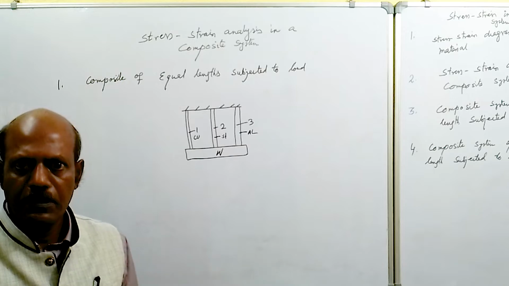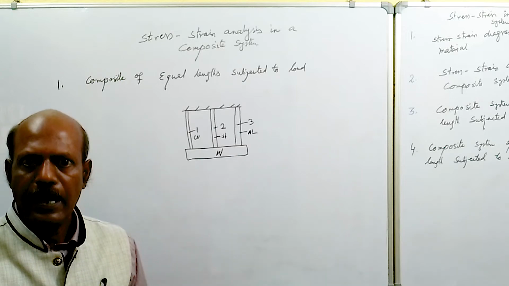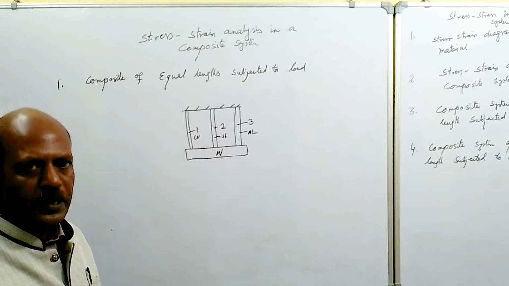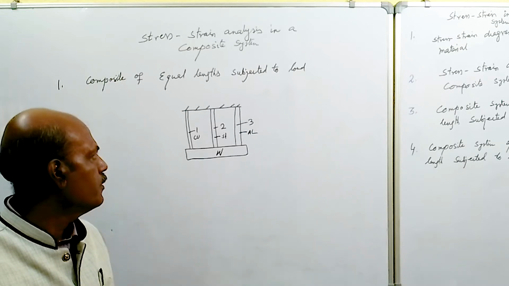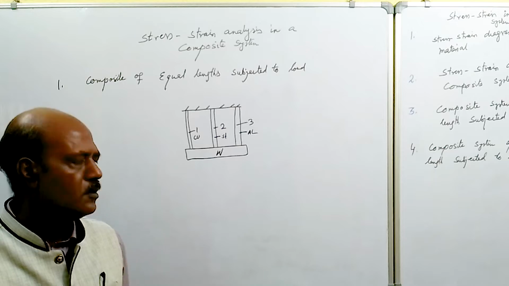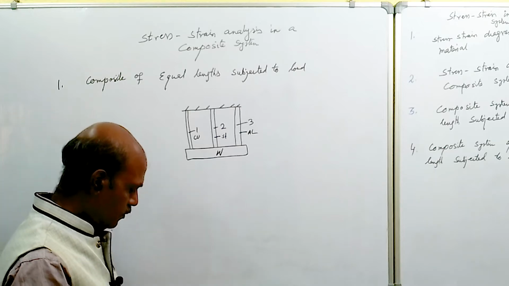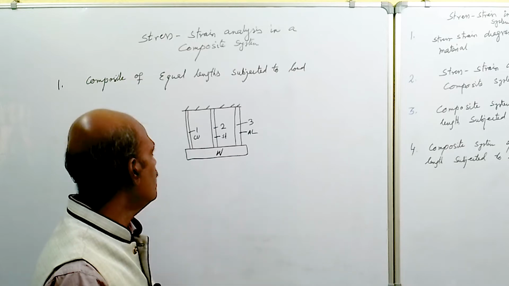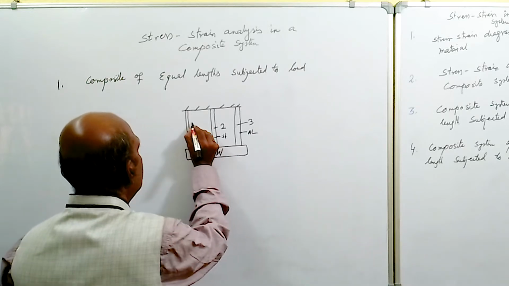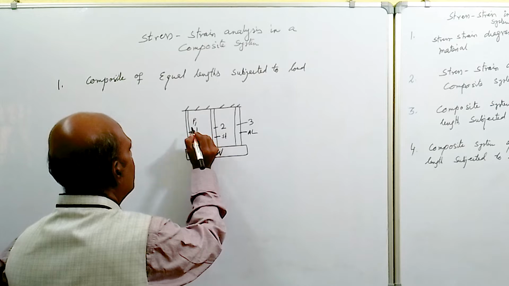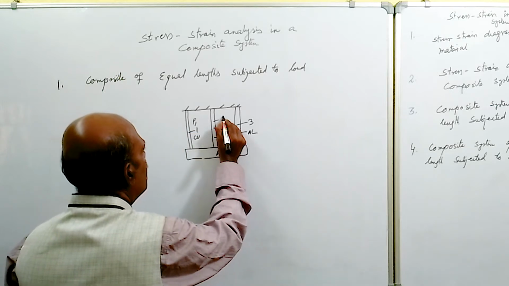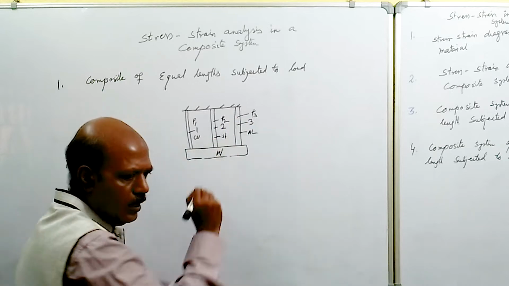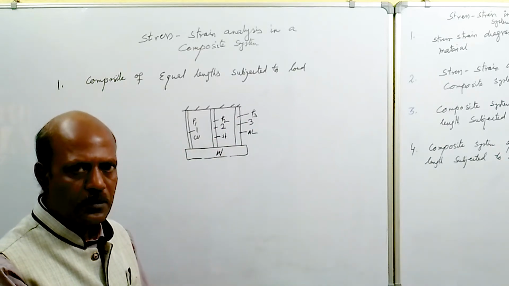So W load is supported by 3 members. The length of the 3 members is same, and the cross-sectional area, say, is different, and the material of the bars is also different. So under this condition, to maintain the equilibrium, let P1 be the load developed here, P2 the load developed in the second bar, and P3 the load developed in the third bar.